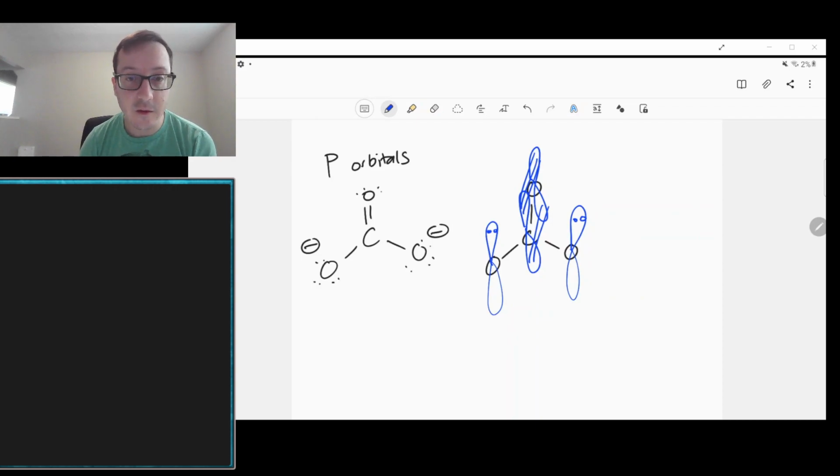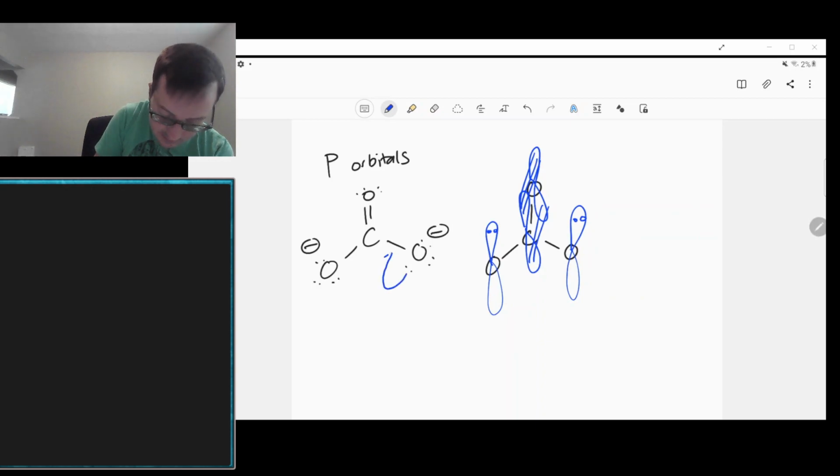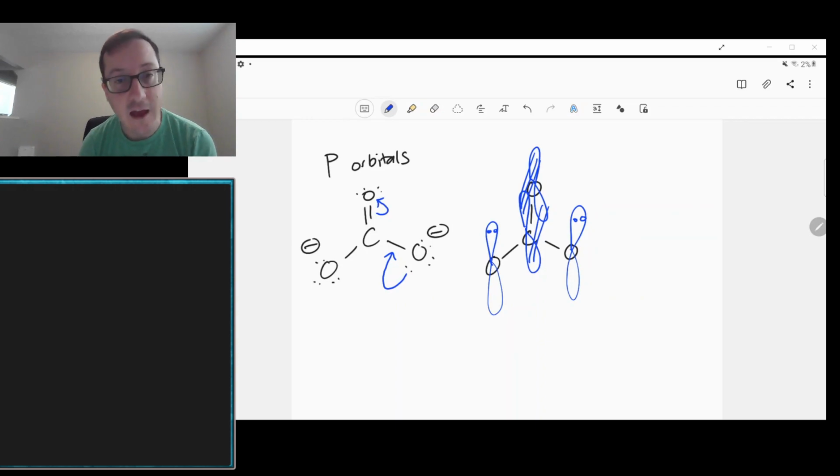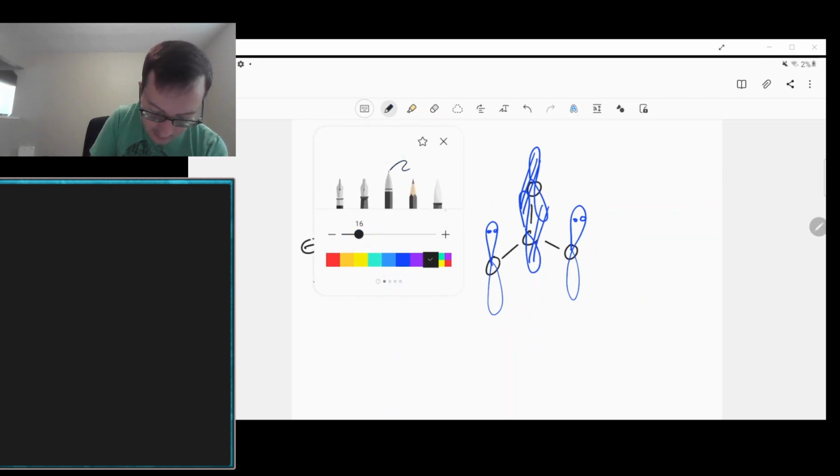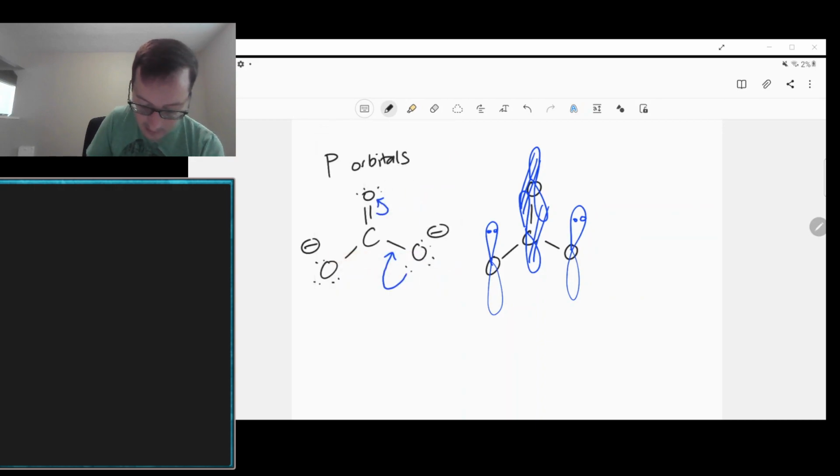And we saw that there was really no reason we couldn't choose a different oxygen to make our double bond with, right? We saw that if we move this lone pair to make the double bond, and if we move that one back onto the oxygen, we can do the same thing. We can have our double bond be on that oxygen instead.